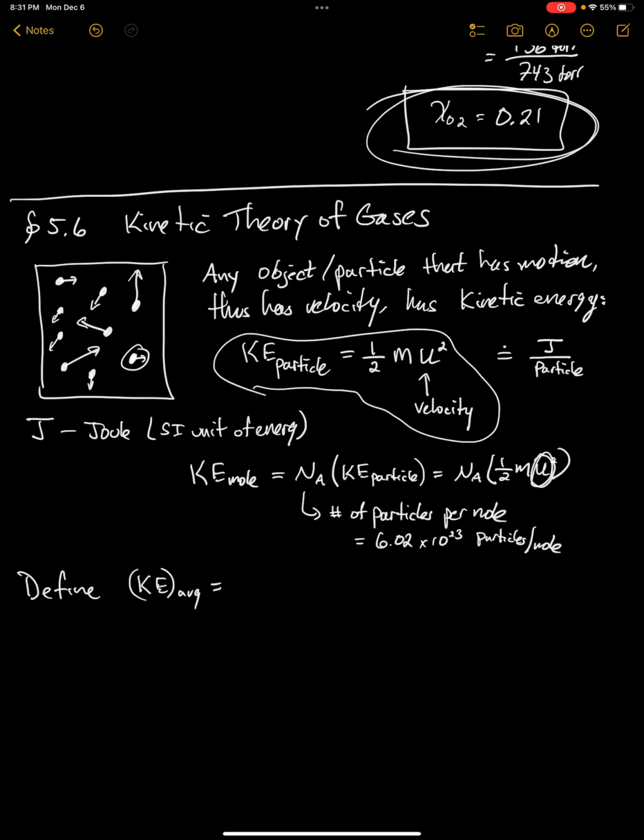And so we introduce the idea of an average velocity of that system of particles. So the average kinetic energy is the number of particles in a mole times the average kinetic energy of those particles based on the average velocity. And so u bar ends up being the average velocity of the particles.